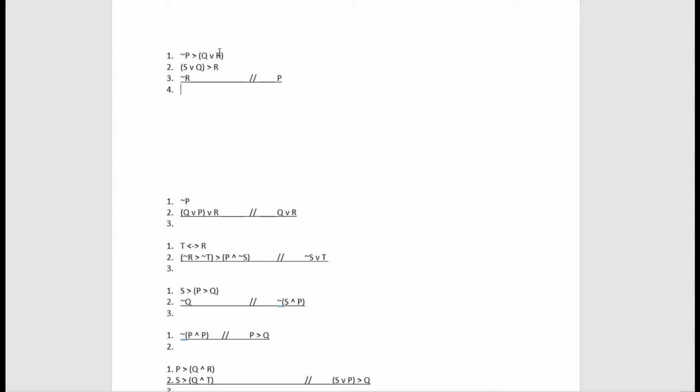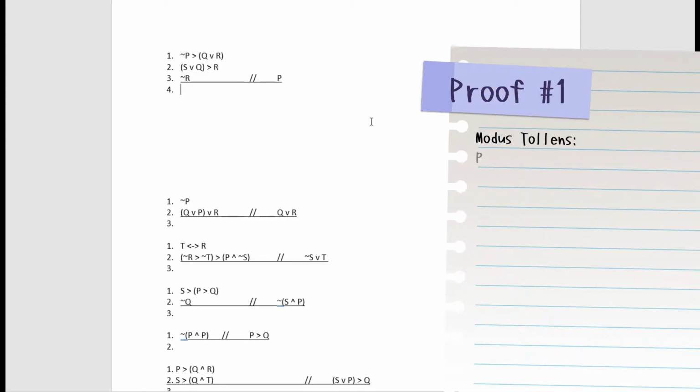Since I don't have any pieces to do that, I need Q or R. Let's look at the other 2 premises. I've got not R here, and then I've got this implication set up. That not R is the opposite of this, which means I can do MT. So I think I'll start there, which gives you the negation of the other side of the implication through 2, 3, MT.